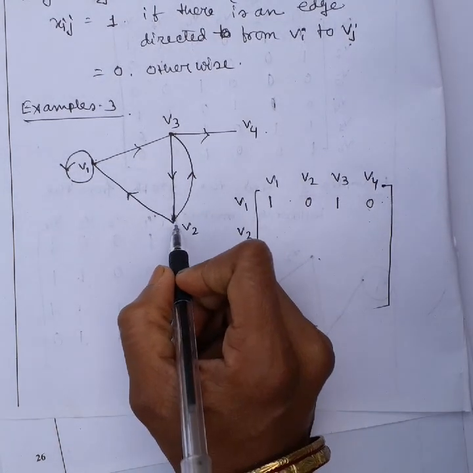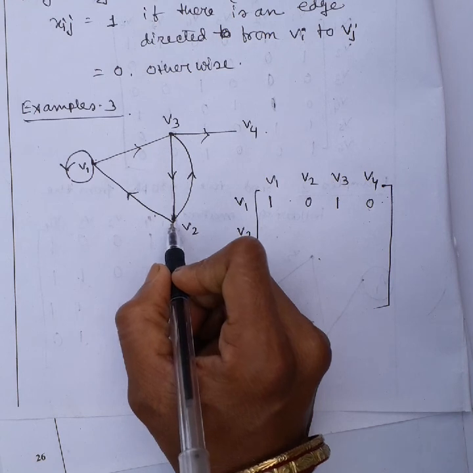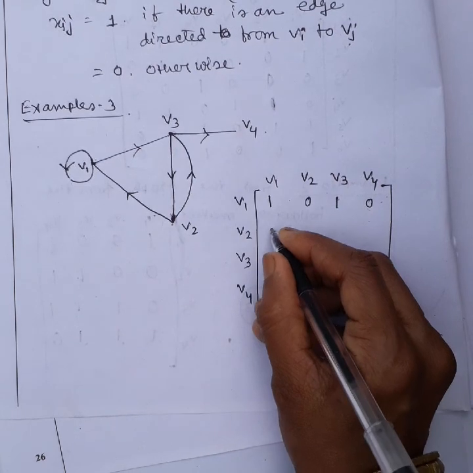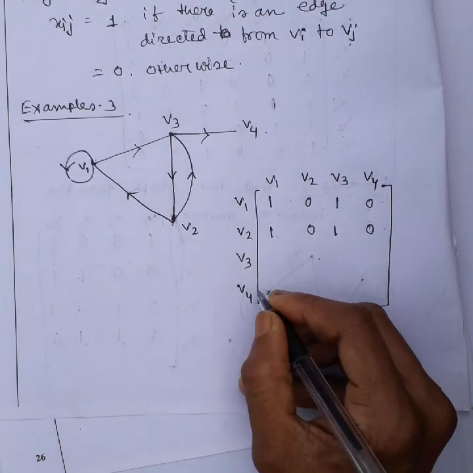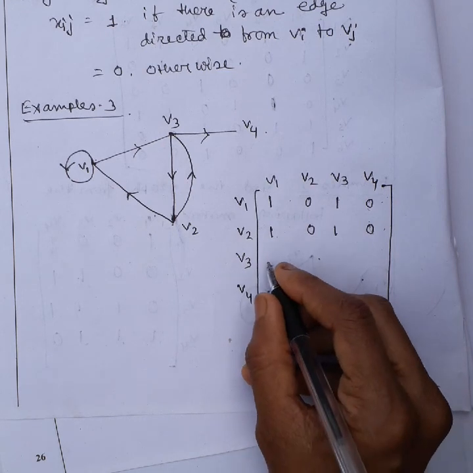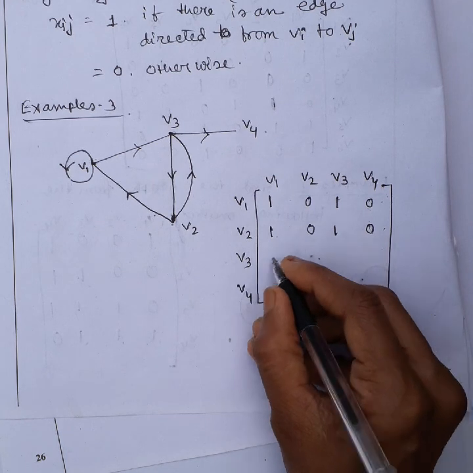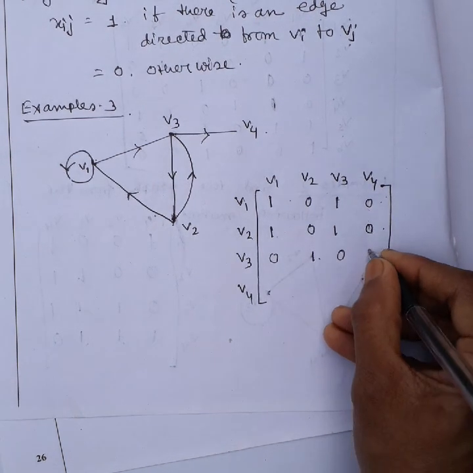And again from V2 there is an edge from V2 to V1 and V2 to V3. And from V3 there is an edge from V3 to V2 and V4.